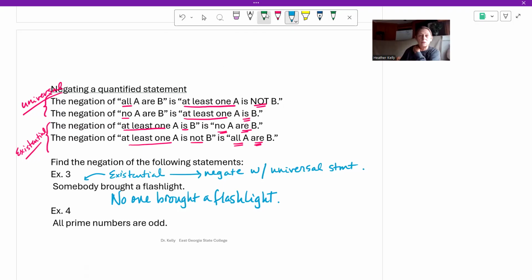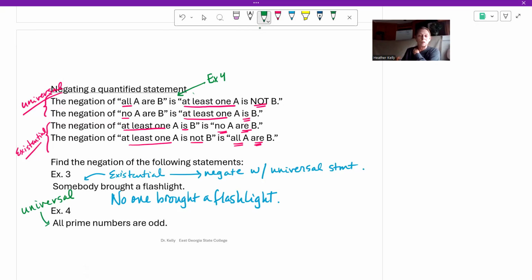Okay, let's look at this other one here. All prime numbers are odd. All is a universal quantifier. This is all A's are B, the situation we are in with our example number 4.